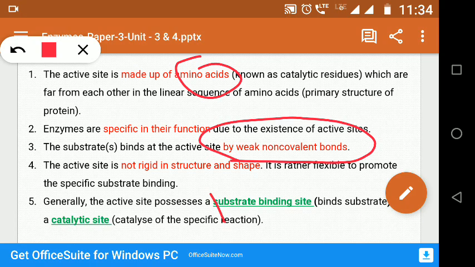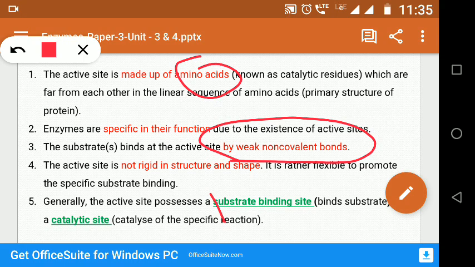The next important point is that the interaction between the substrate and the active site of the enzyme is by weak non-covalent interaction. There is no permanent covalent interaction between the active site and the substrate. So the substrate easily binds to the active site, and once it is converted to product, it easily dissociates. That is why the reaction is very quick. Suppose the substrate binds to the active site with a covalent interaction, what happens?